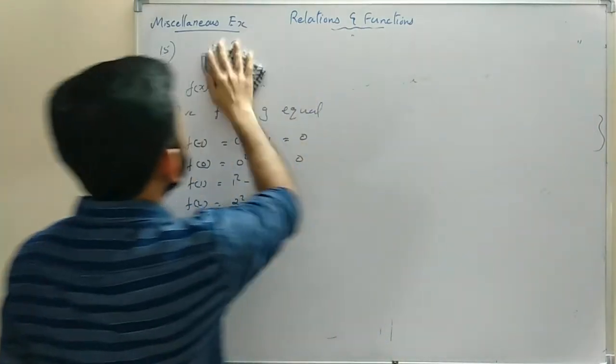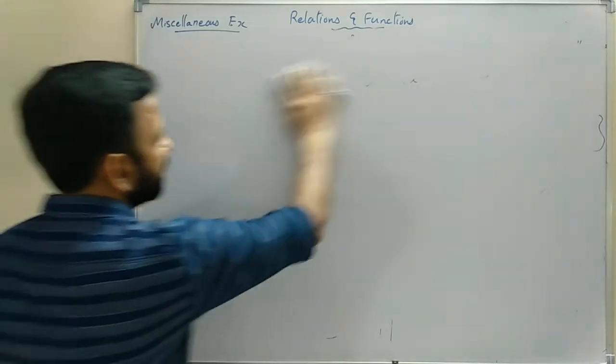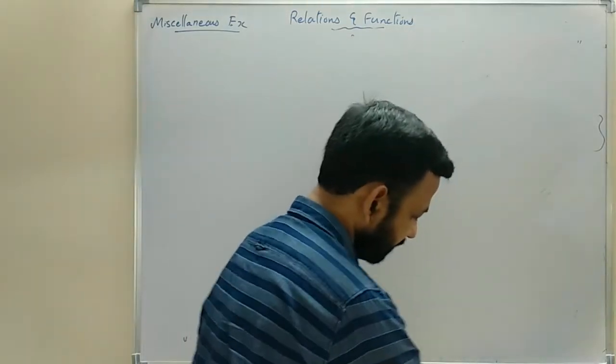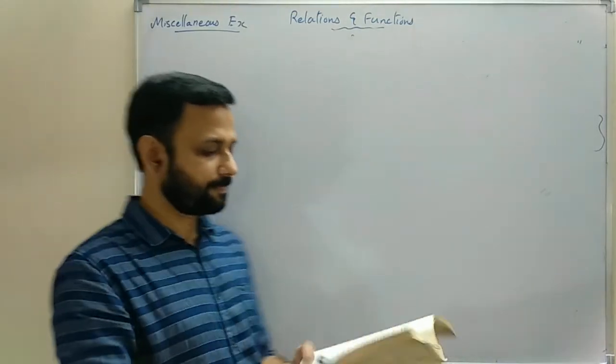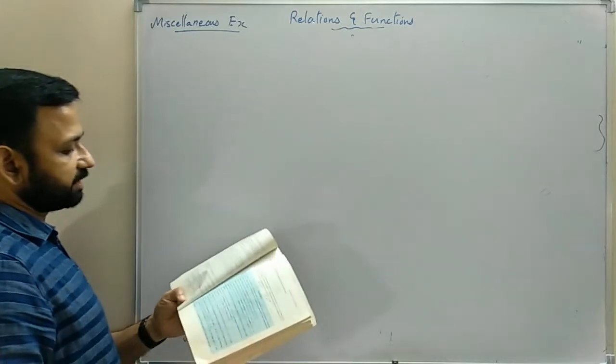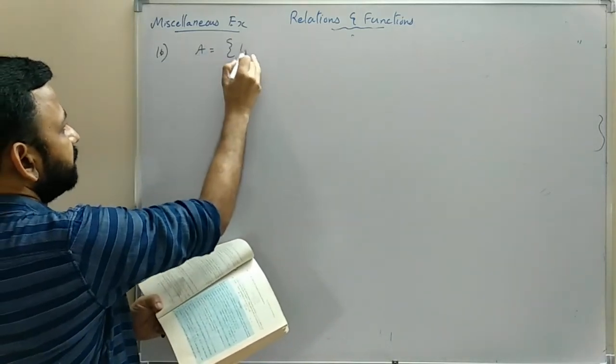Now, 15 done. Then 16 we can do. Question number 16. Let A is equal to the set {1, 2, 3}.